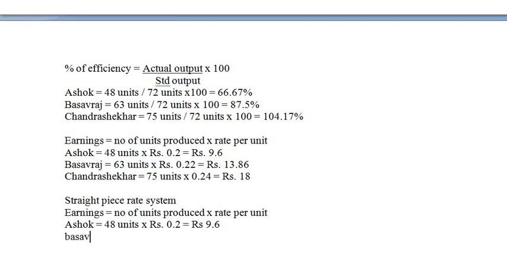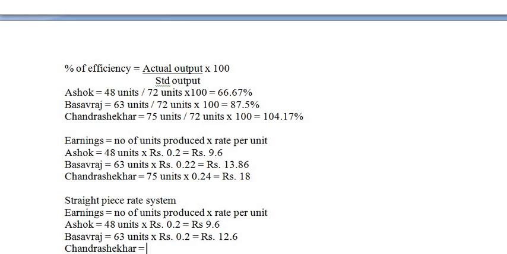Basavraj, he has produced 63 units, and again here basic piece rate is applicable because it is straight piece rate, that is 0.2, that is equal to rupees 12.6. Next worker is Chandrasekhar.